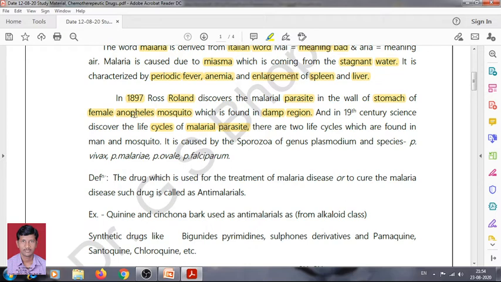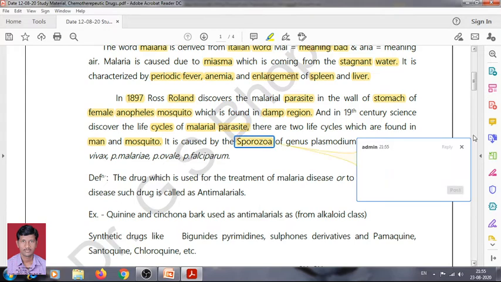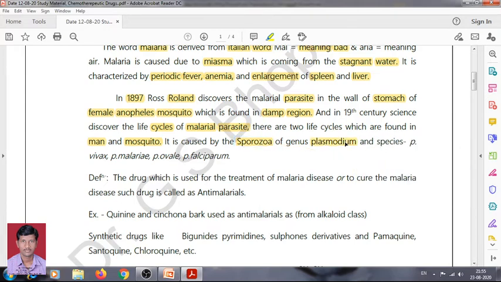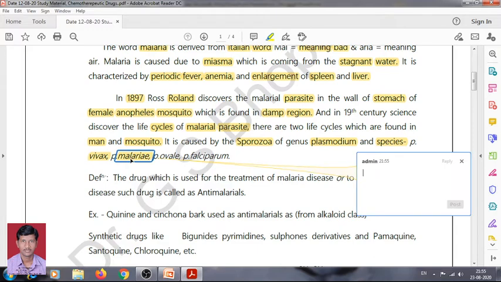But in the 20th century, scientists discovered the complete life cycle of the malarial parasite, and there are two life cycles, found in man and mosquitoes. It is caused by the sporozoa of genus Plasmodium and species Plasmodium vivax, Plasmodium malariae, Plasmodium ovale and Plasmodium falciparum.